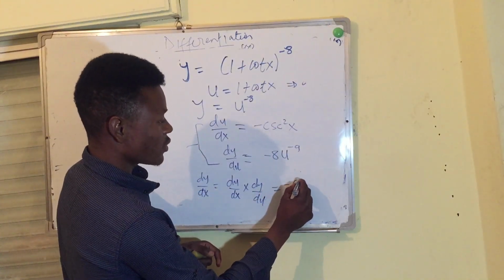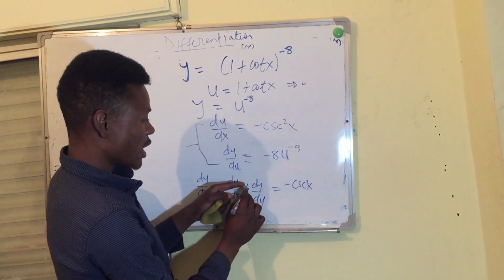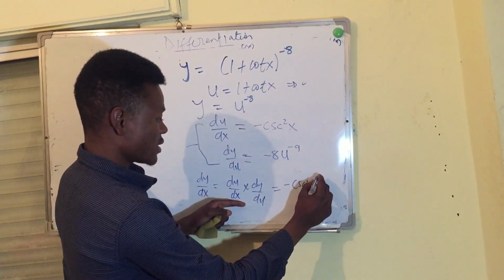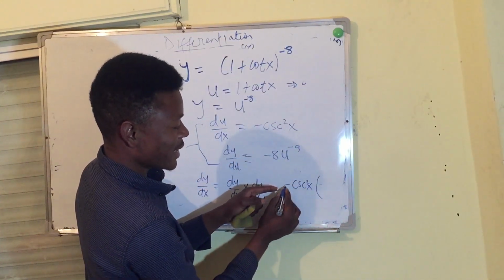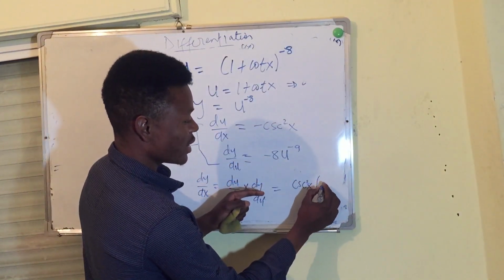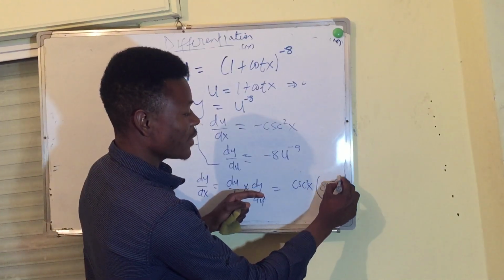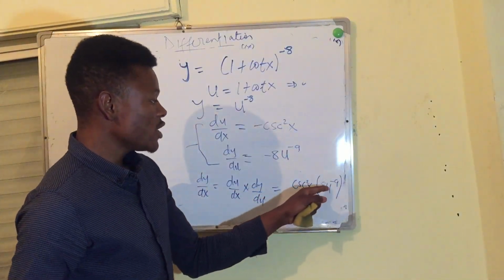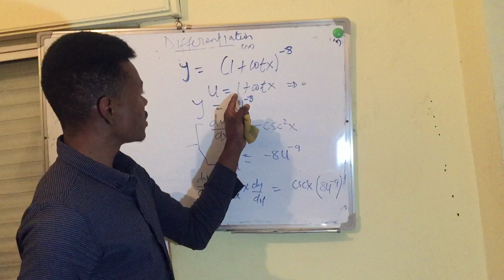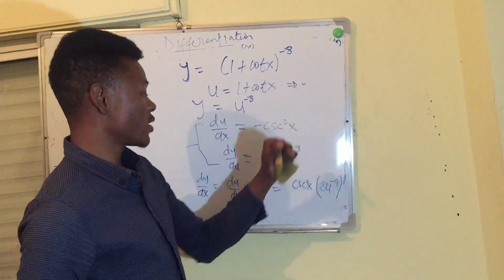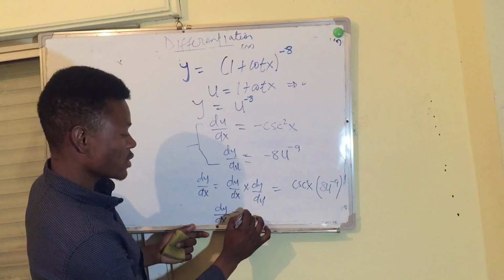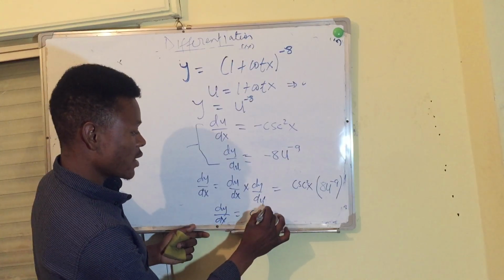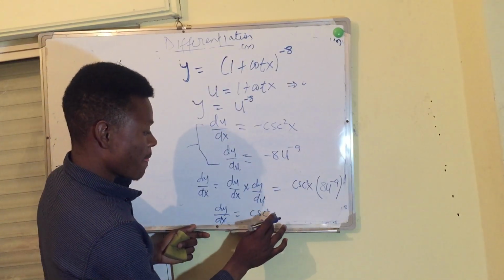It's negative cosec square x times dy du, which is negative 8. The negative 8 and the negative here, I can simply cancel, leaving 8u to the power of negative 9. But we know u is what? 1 plus cot x.